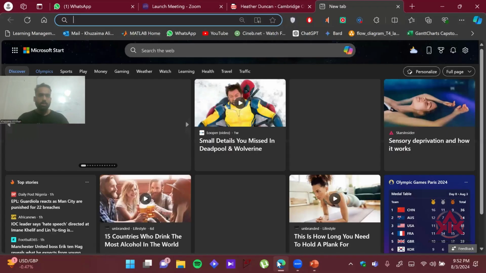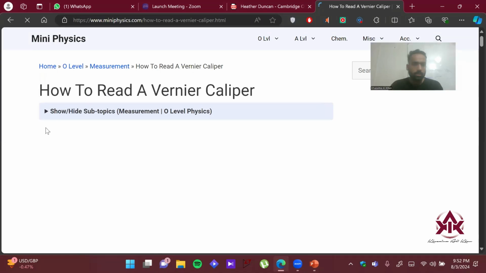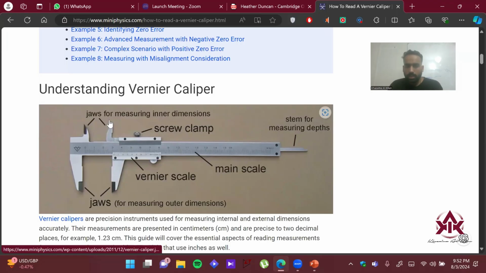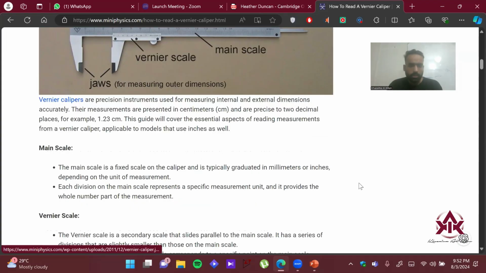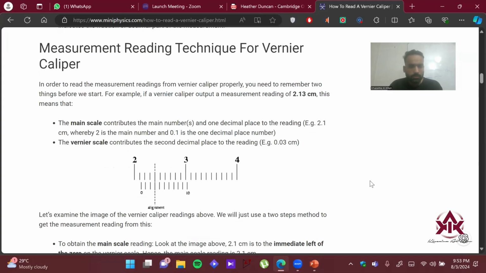So it also explains all the parts. ठीक है, so मैं आपको ये दिखाता हूँ. If we have some good resources, I will be sharing those with you. ठीक है, so jaws for measuring inner dimensions, jaws for measuring external dimensions, vernier scale, main scale, screw clamp, we call it ratchet, एक ही बात है. And इसकी accuracy लोगों ने बताई है.